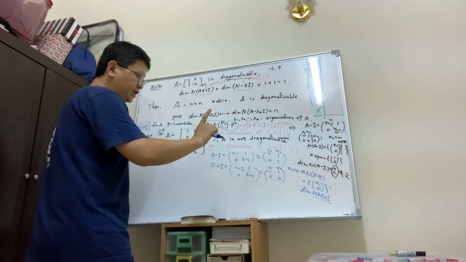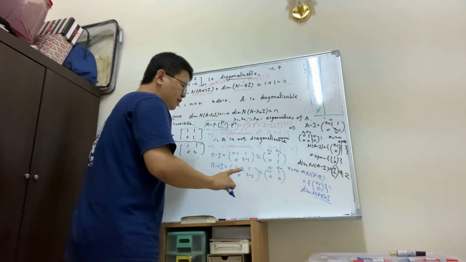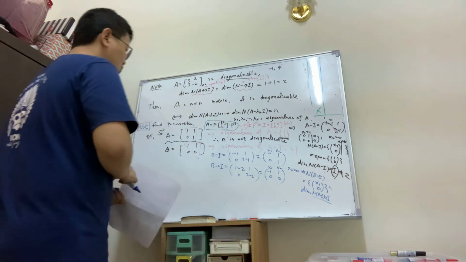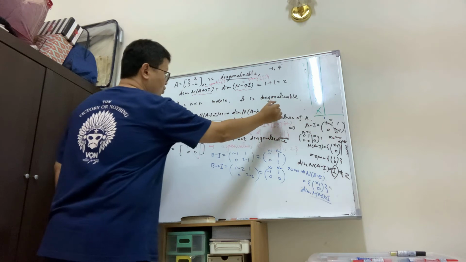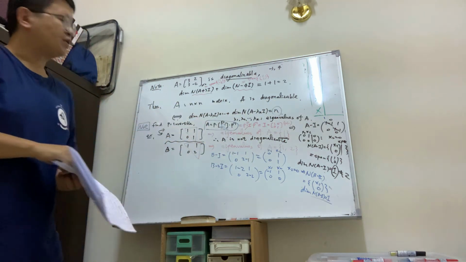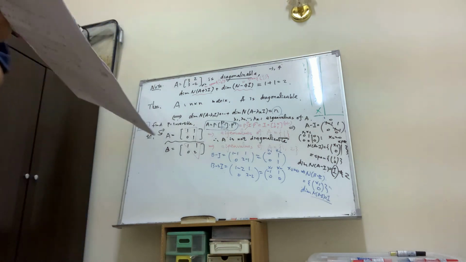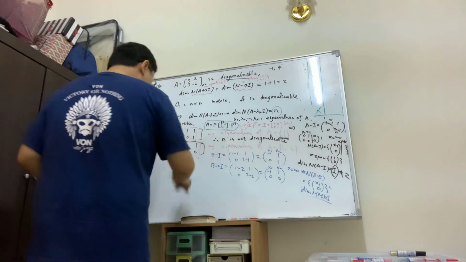So one free variable means that its dimension equals 1. So their sum equals 2. So we have this equation, and indeed it is diagonalizable. Yeah, we could use this result.